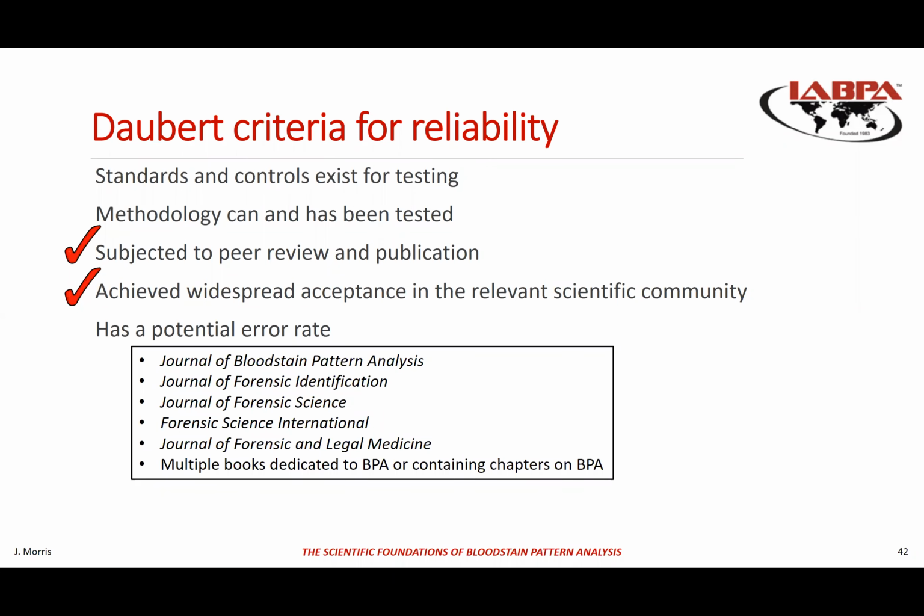While we don't publish a lot of articles, every article that we publish goes through a thorough blind peer review process to make sure that the work that comes out of our journal is good science. And then there are the other large and more well-known forensic science journals that all of these have published work related to BPA. And we also have multiple books as well.